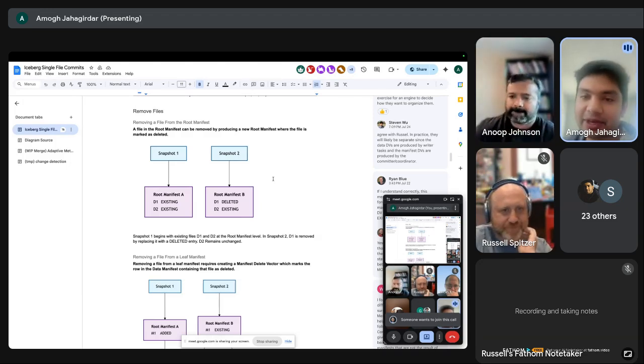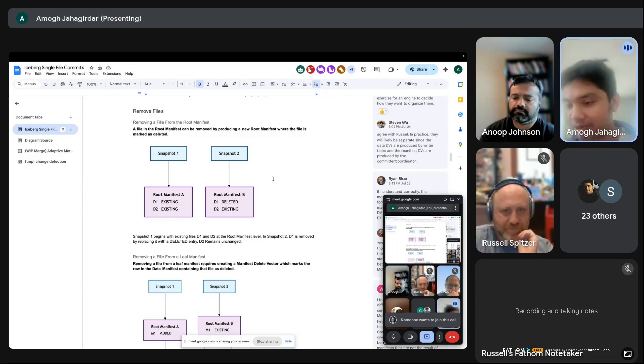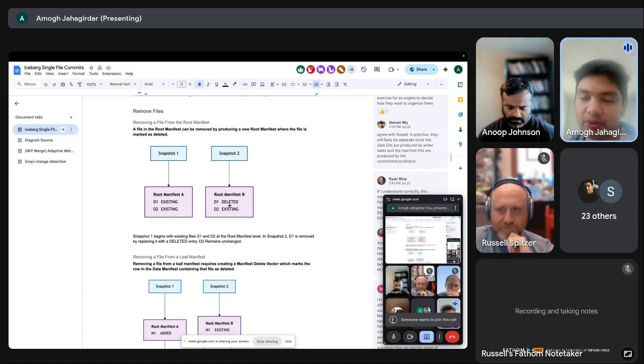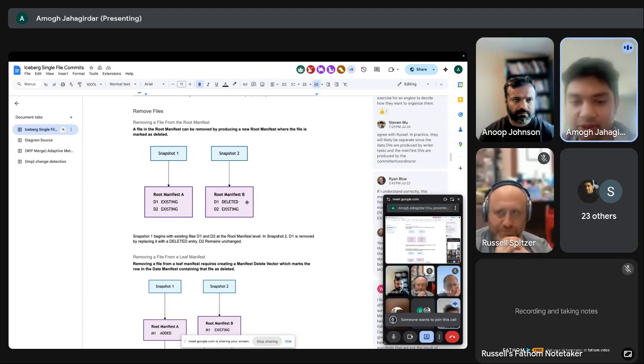That makes change detection a little bit difficult. So one of the things we're considering is that these statuses must be explicitly written to make change detection easier. That's why in this model, we would ensure that an entry with a deleted status is produced. Any questions around that? Because I think that's also been a pain point in the format.